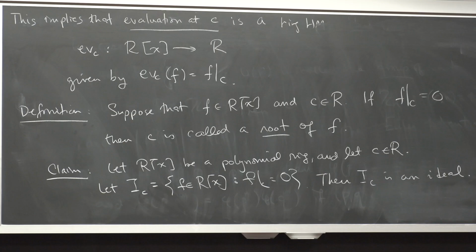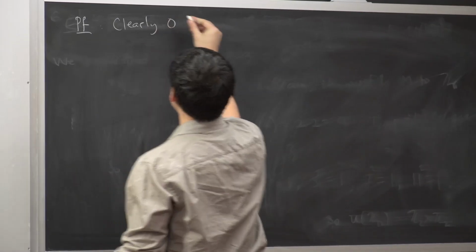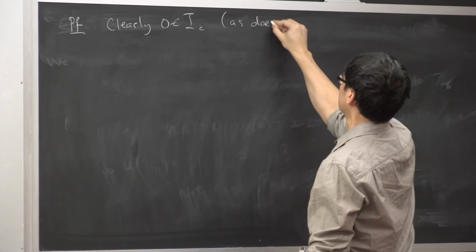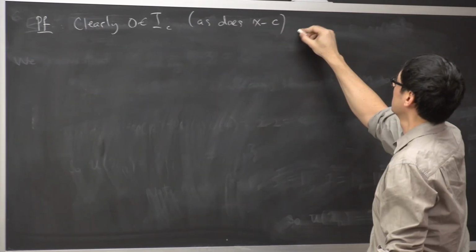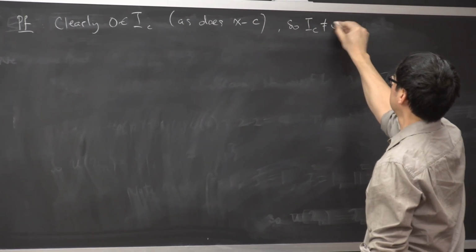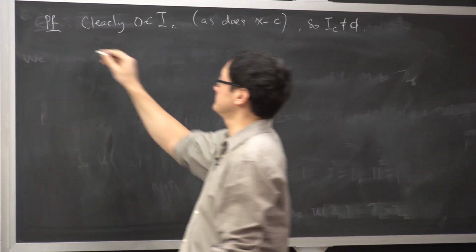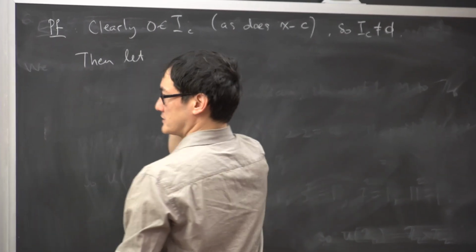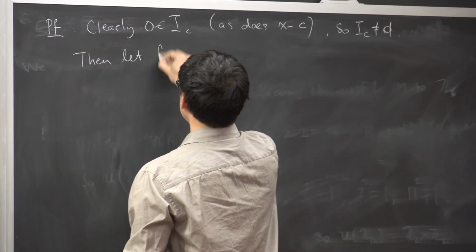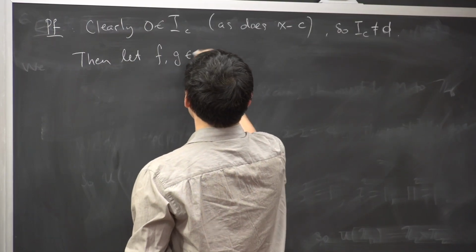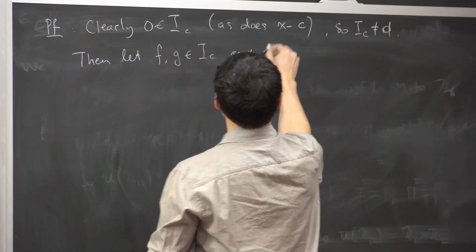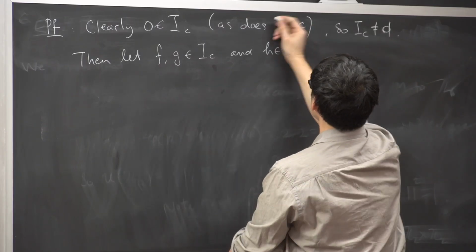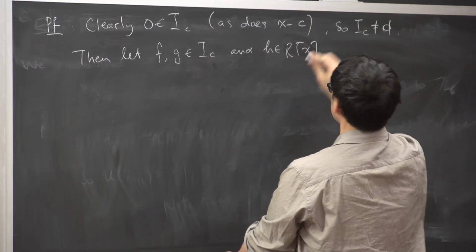So proof. Clearly 0 belongs to I_C, as does X minus C, so I_C is non-empty. Then let's take F and G in I_C, and let's take an H in R[X].